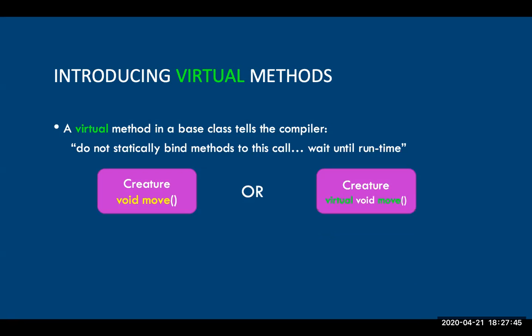So it's really just that. If we put the word virtual in front of the type inside of our creature class, we let the compiler know, hey, this thing might actually be overridden, and we'd like you to defer any binding until runtime, and to choose the right move based on whether the child class has a move method or not.